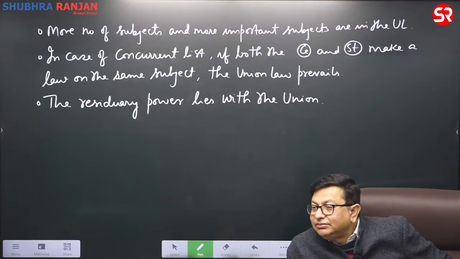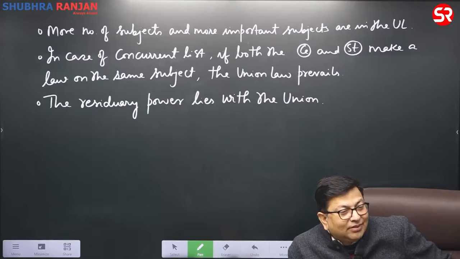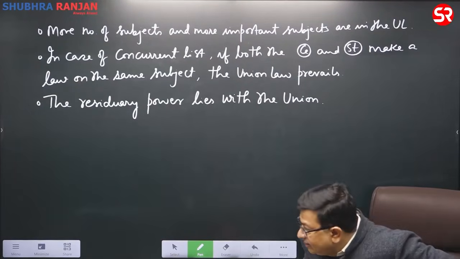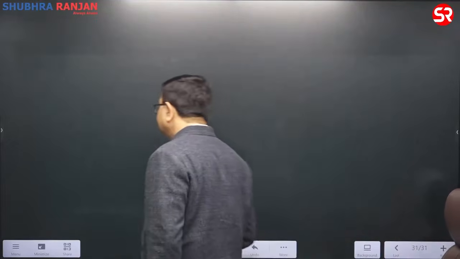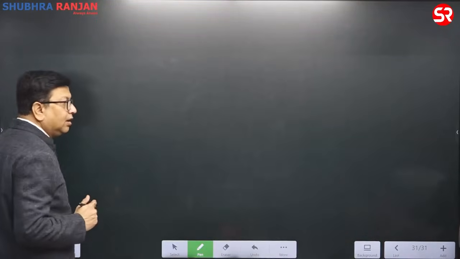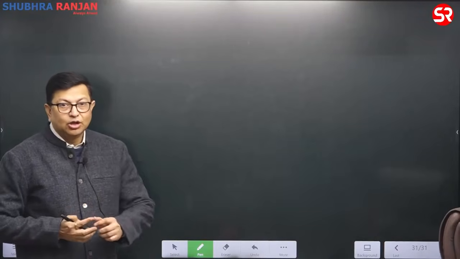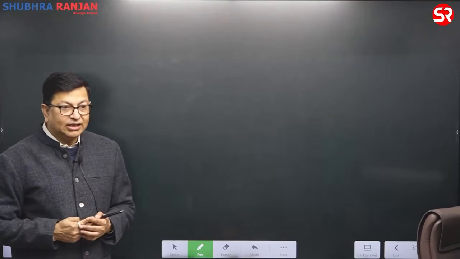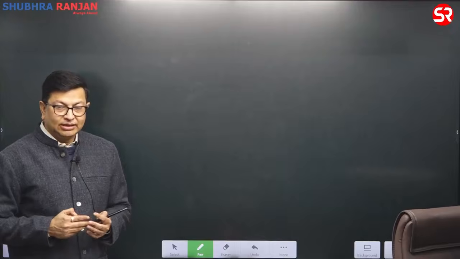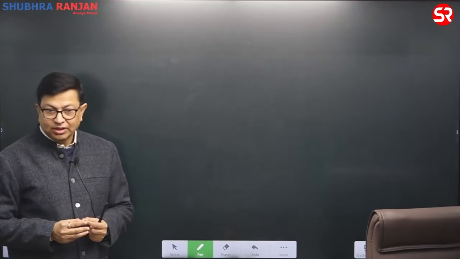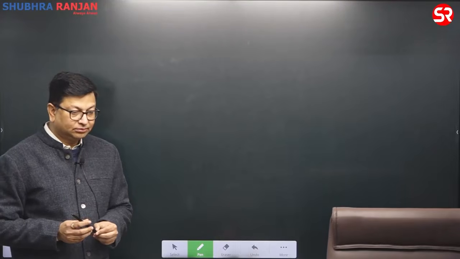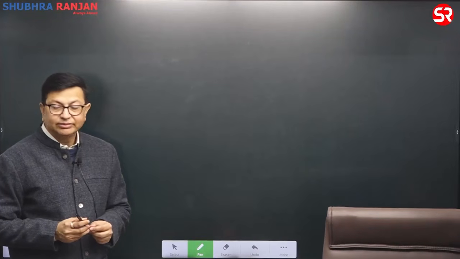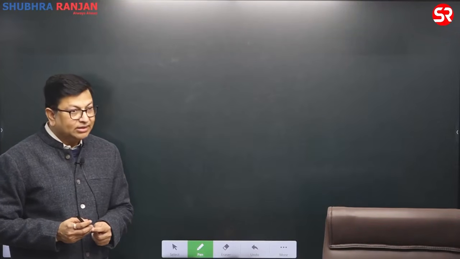Underline normally. But under the following conditions, the parliament can make a law. I repeat, under the following conditions, the parliament can make a law on a subject in the state list.